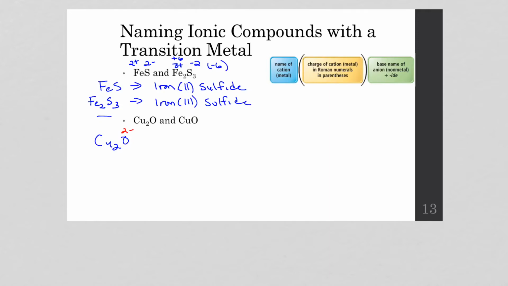So I have 2 coppers that have to give me a +2, so each one must be a +1. And so if I then write out the name, I have copper with the charge of 1, oxide.